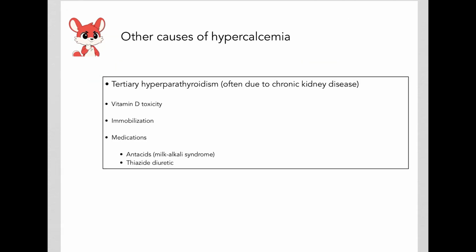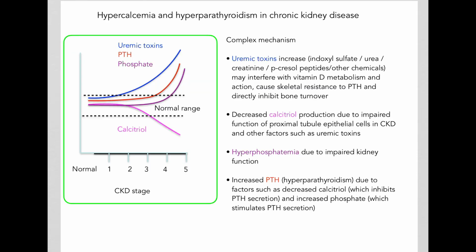Let us first look at tertiary hyperparathyroidism, which is often due to chronic kidney disease. Now, the pathophysiology of hypercalcemia in chronic kidney disease is very complex because it may involve many different biomolecules as well as mechanisms. For example, when the kidney is not functioning for a long time, a lot of chemicals accumulate in the bloodstream.